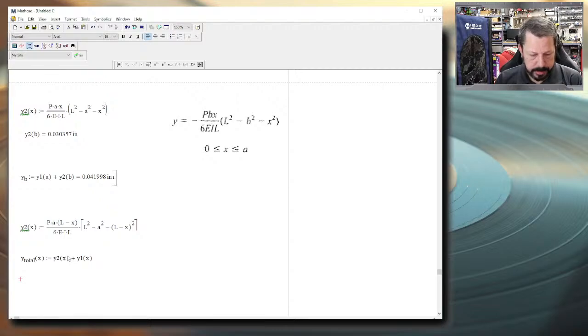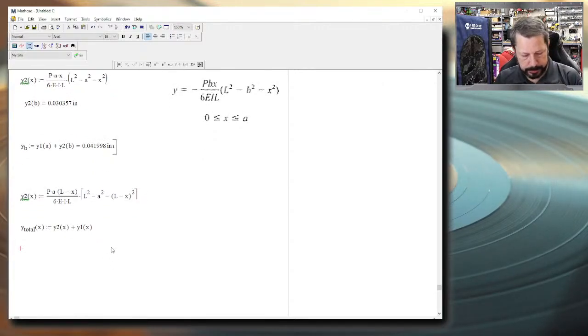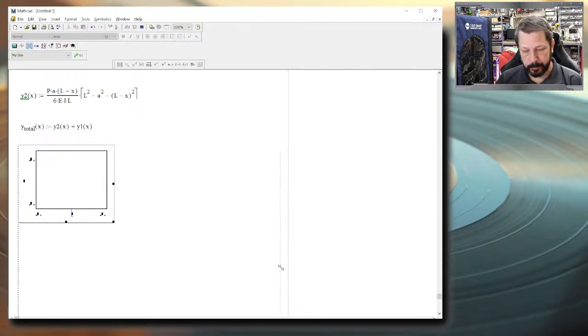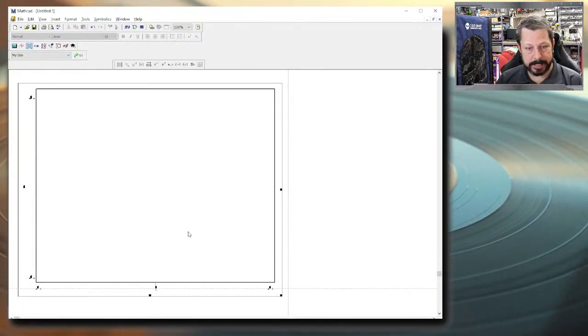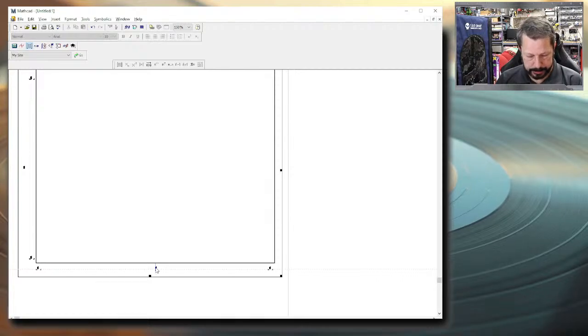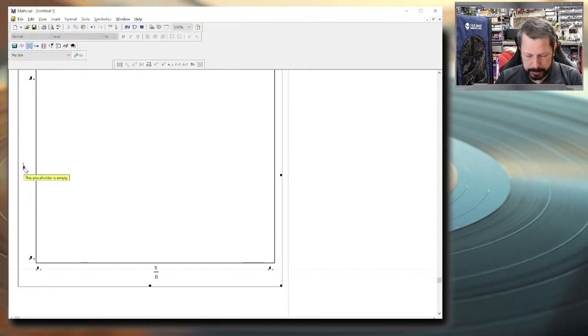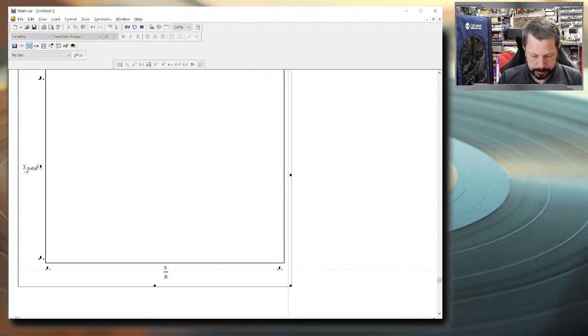Okay, there's my equation. I'm going to plot it because I don't know where the maximum deflection is. So x will be down here. I'm going to use units of feet, and then this will be y total of x.